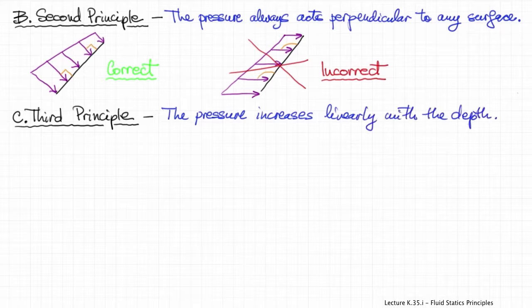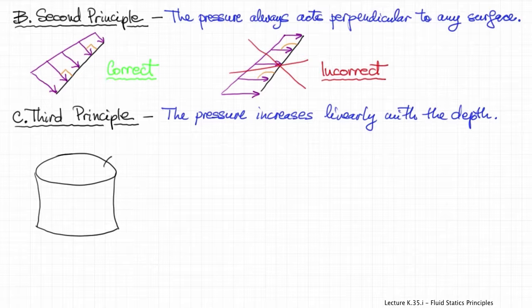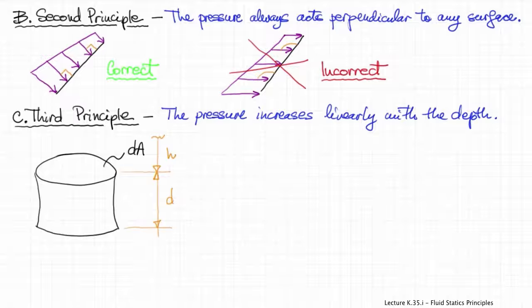And we can relatively easily show a proof of the third principle by considering a very small, infinitesimally small element of the fluid having a cross-sectional area dA and being located at the depth h from the surface of the fluid and having a very small height dH.